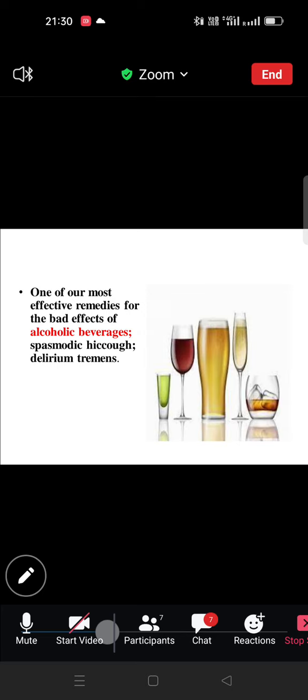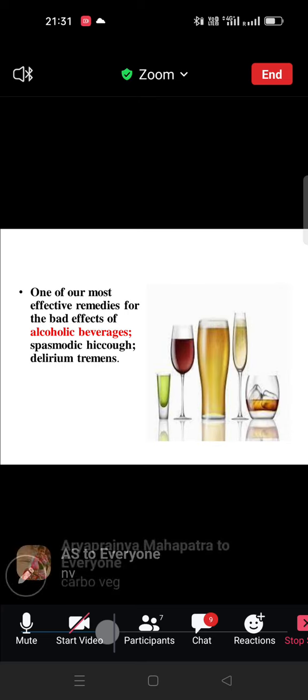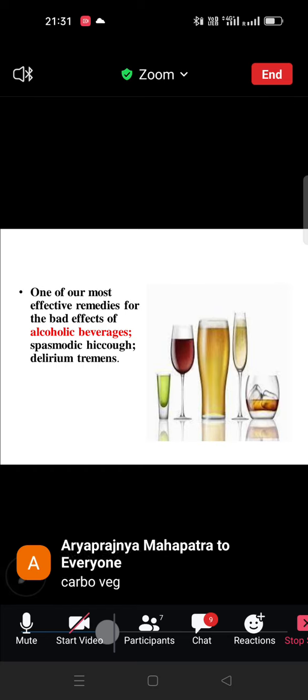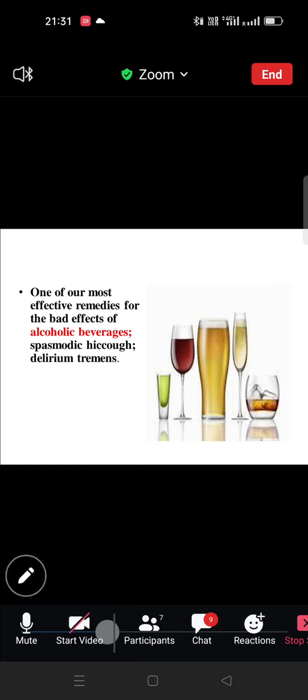Can anyone tell me more medicines where craving for alcohol is mentioned? What medicines are there for craving for alcohol? Very good. And there are three more medicines. Calcarea is also there. Very good.